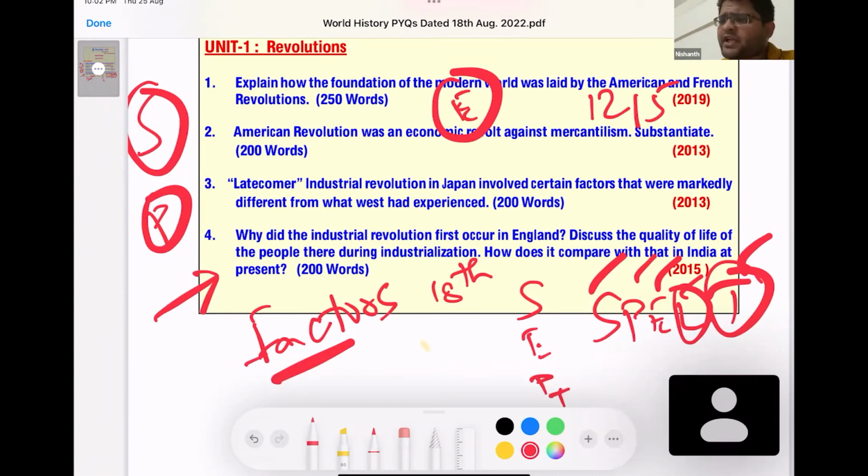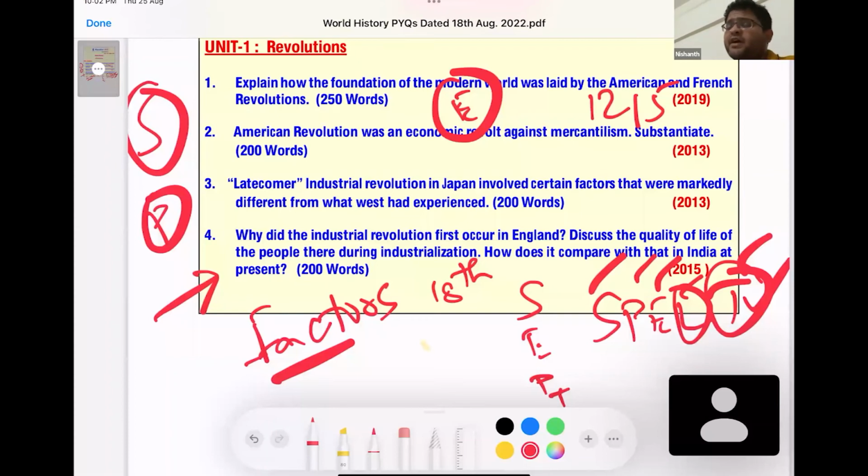And then coming to the technological, already the agricultural revolution was prevailing. A lot of new machines were invented, and the steam engine was also being invented. All these have led to the concept called the industrial revolution.